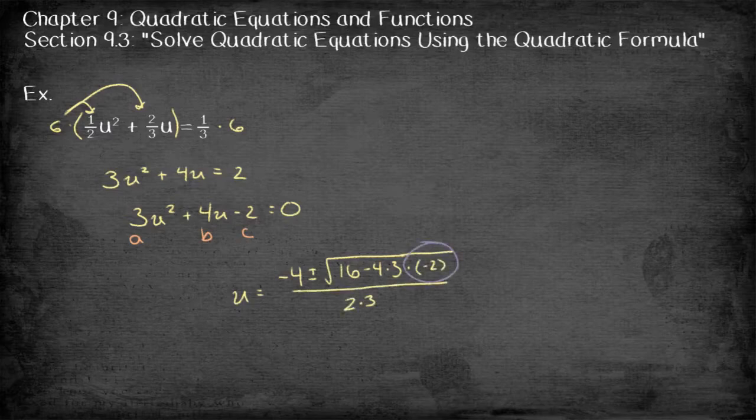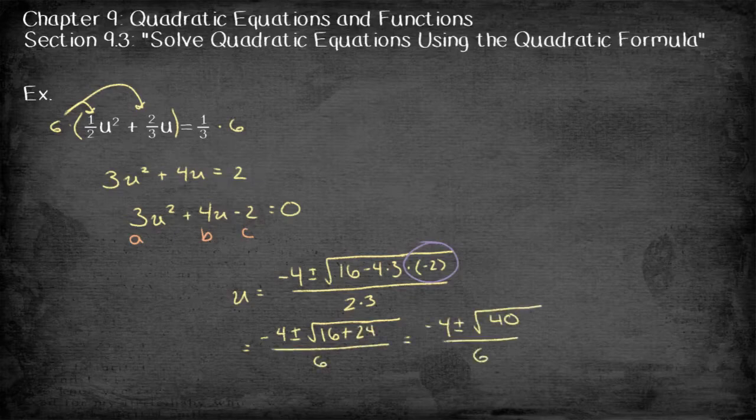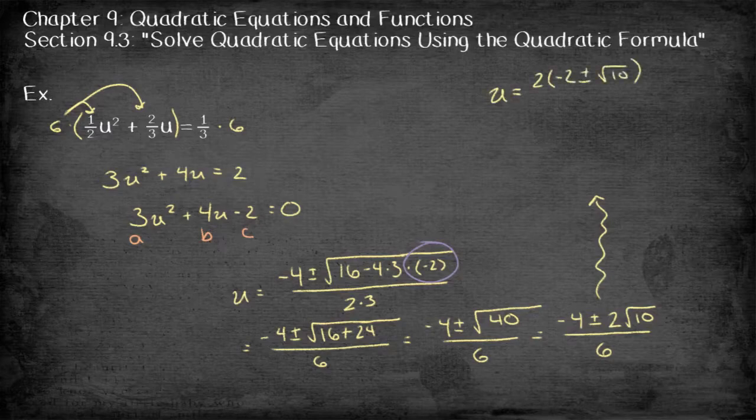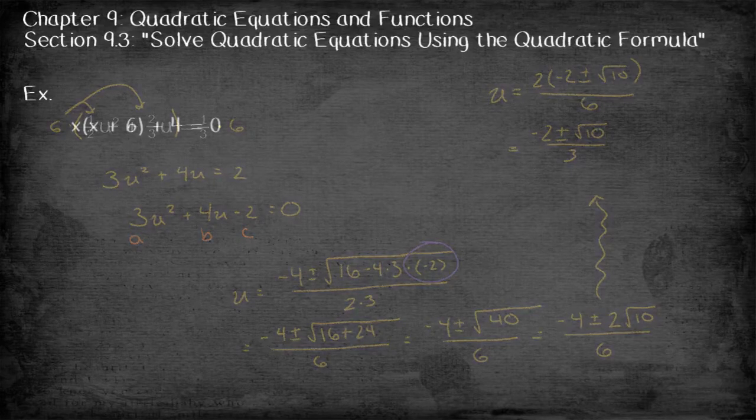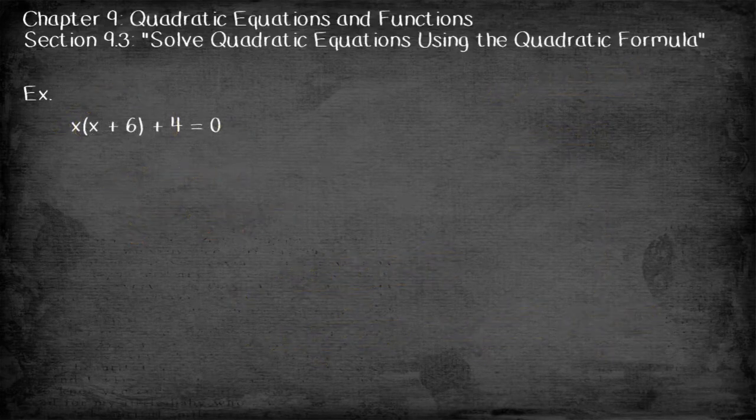Signs are important, don't forget about them. And let's simplify. Great. Alright, let's see. So I'm going to have to do a little bit of work here before I can apply my formula again.